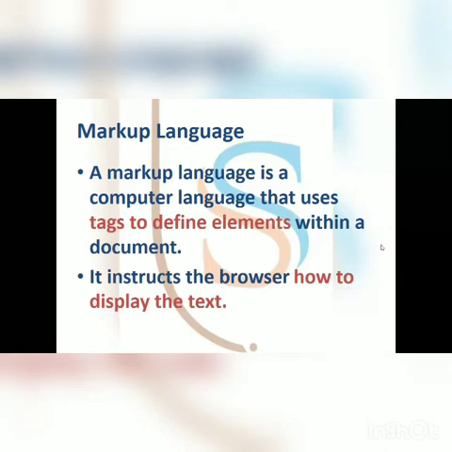Then the browser knows B is for bold, meaning we want to make our text bold. So all the things we do with tags. Whatever we want to design in our web page, we tell the browser with the help of tags.